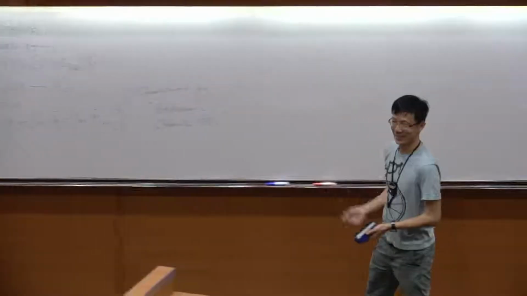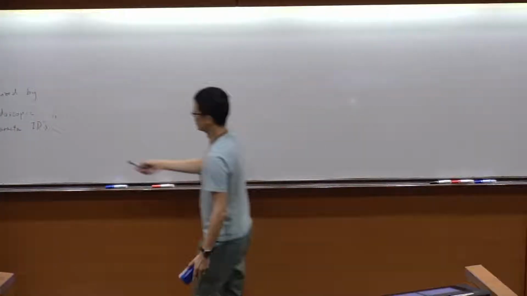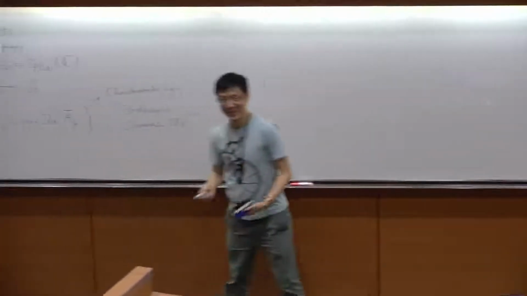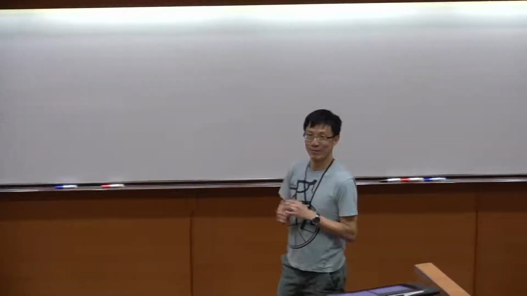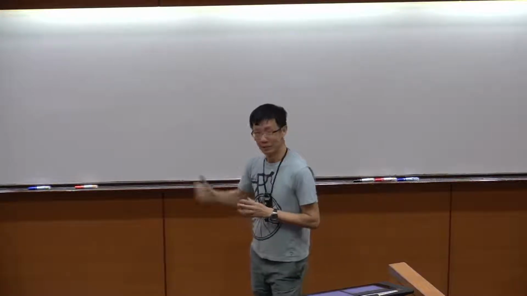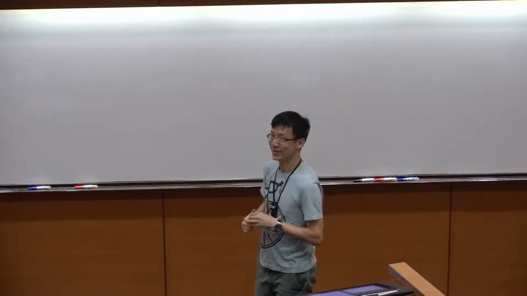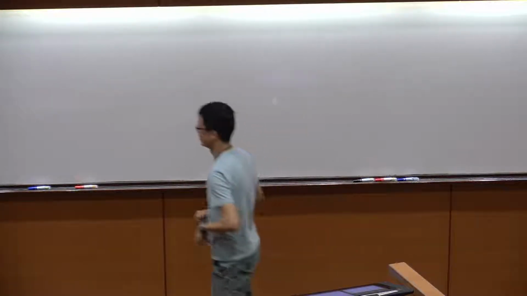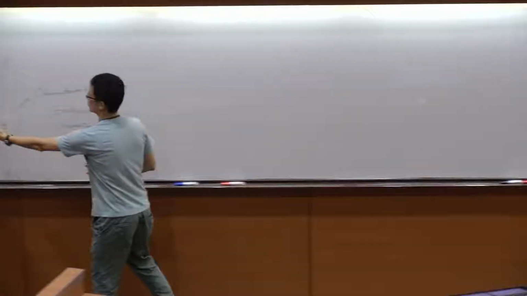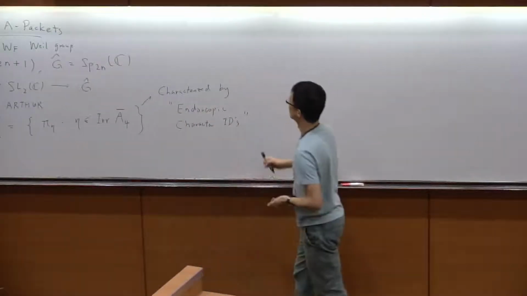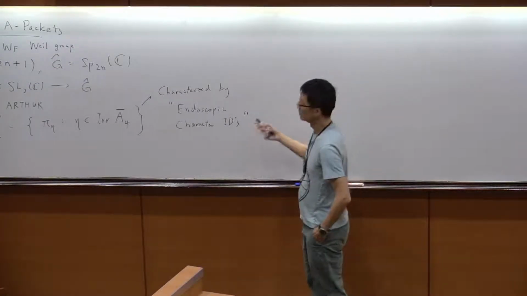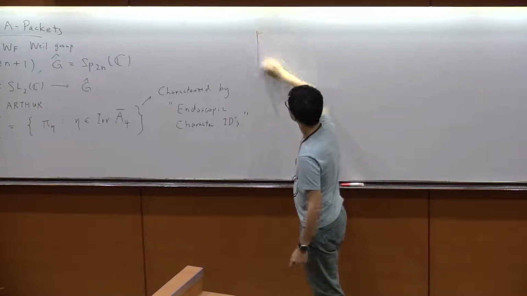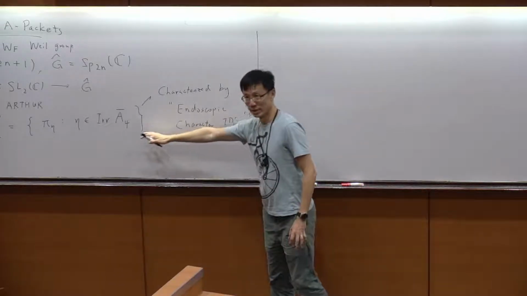I was hoping that someone might have mentioned what these are already in the other courses, but it hasn't come up, so maybe I will briefly recall what they are in due course. At the moment, just say that Arthur produced this set, and they satisfy certain character identities, and these identities uniquely determine the representations.